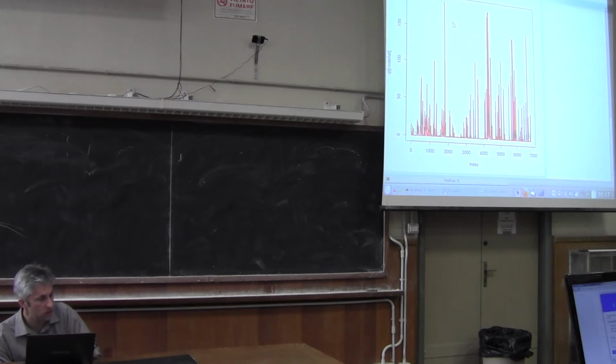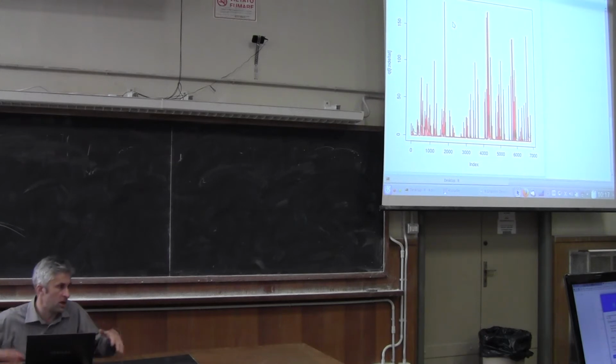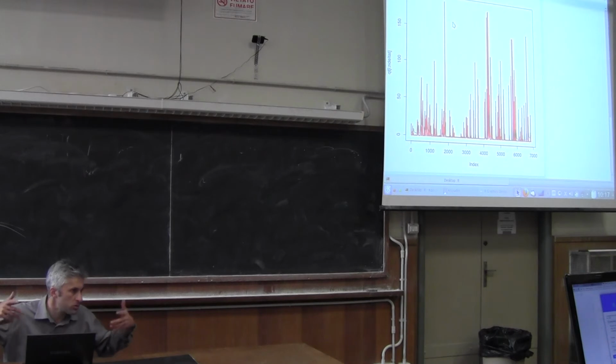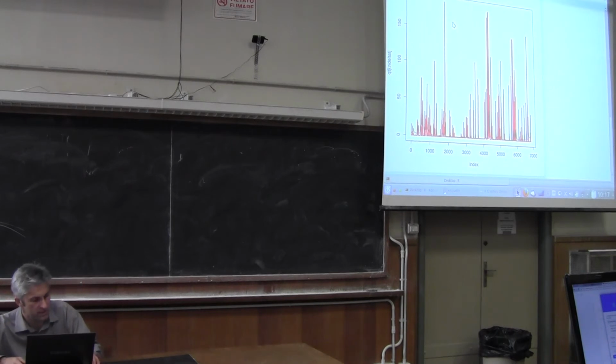So basically what you see here is a comparison between observed, red, and simulated, black, data. Of course the comparison is not fine, so it's useful to make some more experiments.